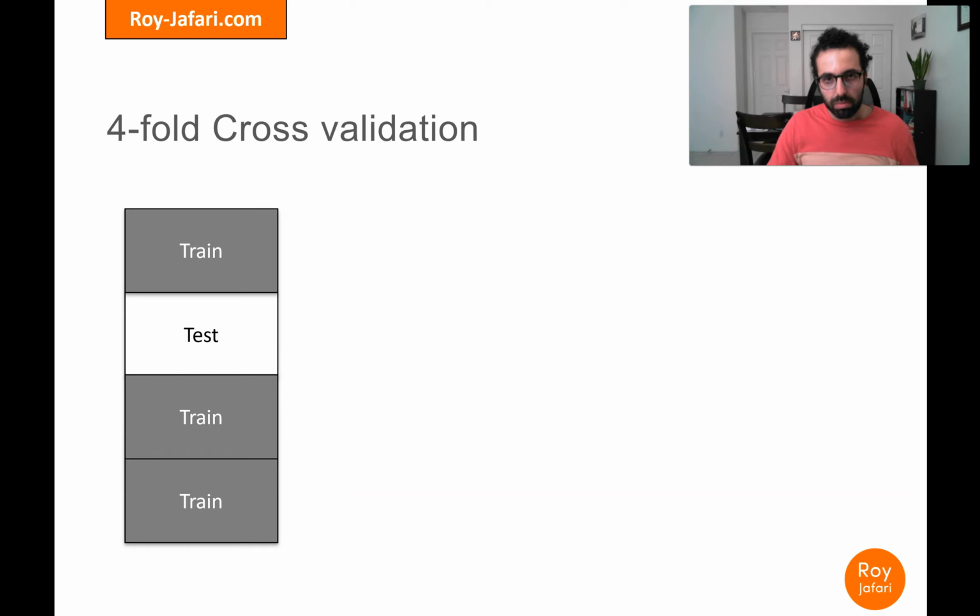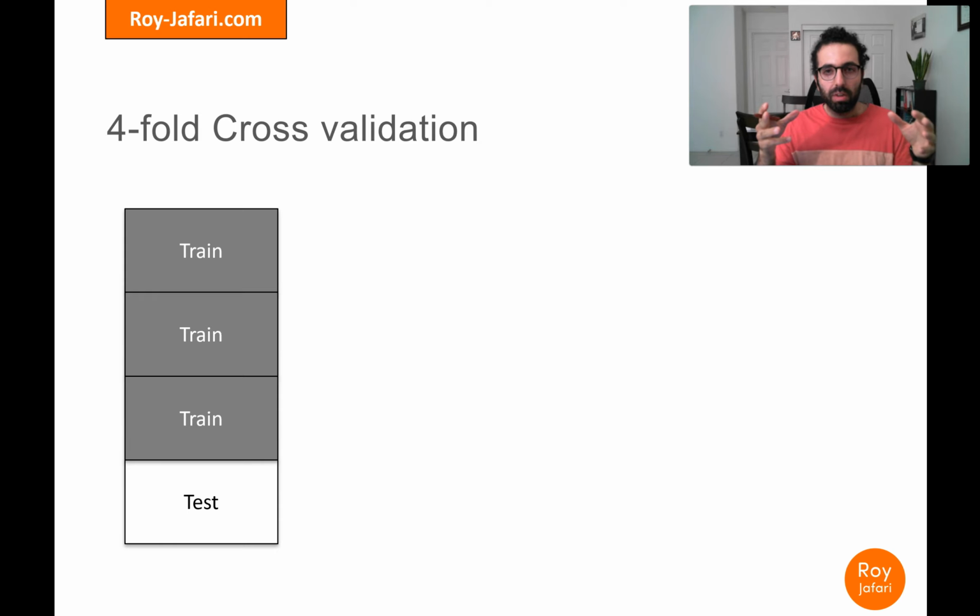We do this 4 times, and then we calculate the average of the performance on all of the test sets. In this way, all of the data objects in the data set have had a chance to be tested, and that's great. So I'm not going to say more, so you are going to be able to answer the question that I raised earlier.